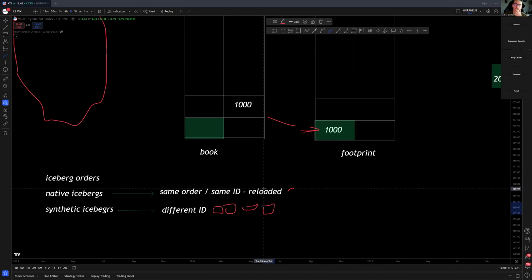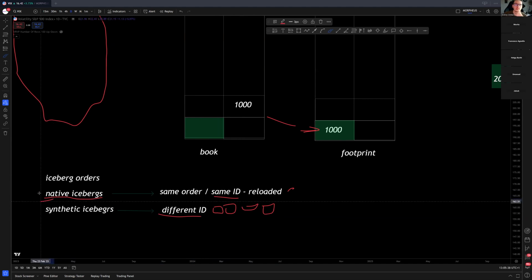So if you're a big market participant, a native iceberg will show your order to the market. People can understand by seeing that you have the same order ID, that this is the same market participant. But if it's a different ID, people will not see it. Is that clear?